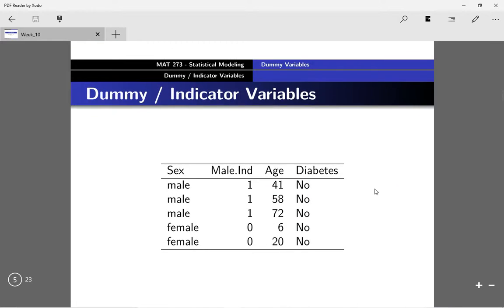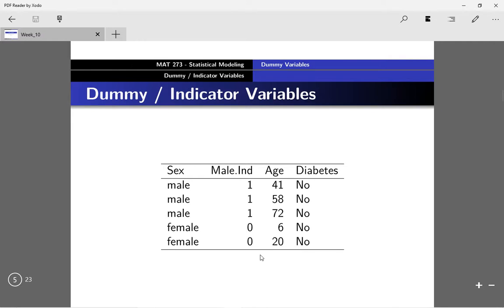Okay, so just to visually look at what this data will actually look like, we have here the sex of the person, so being male, and then this is actually sort of under the hood. What software like R does is it'll create this indicator column where it says 1 for being male and 0 for being female.